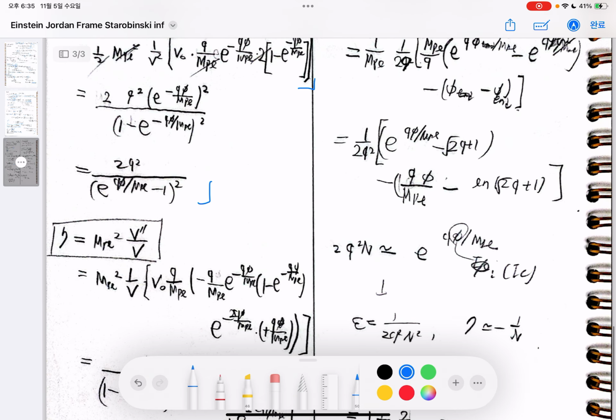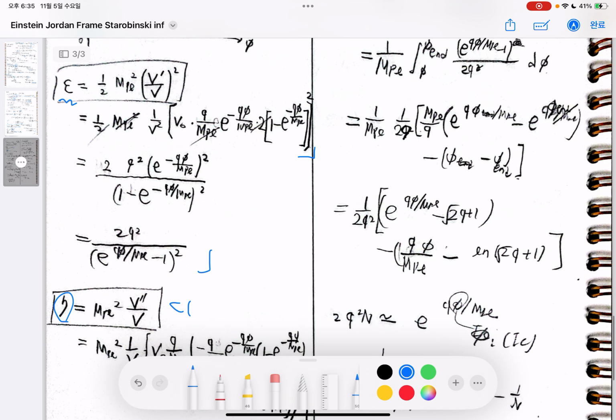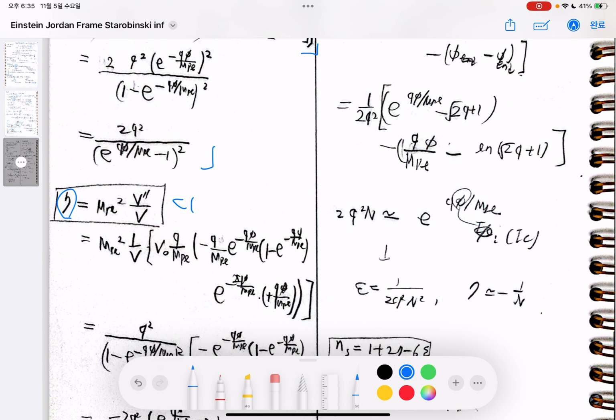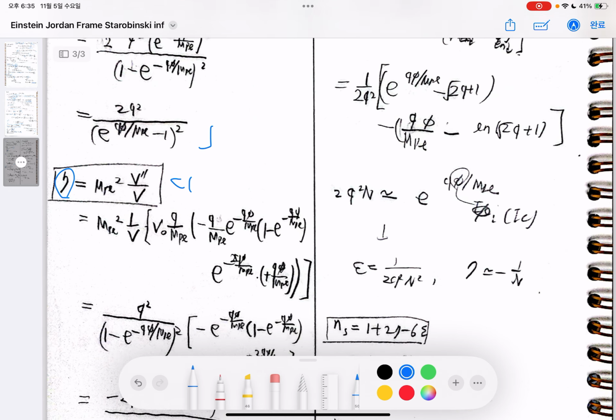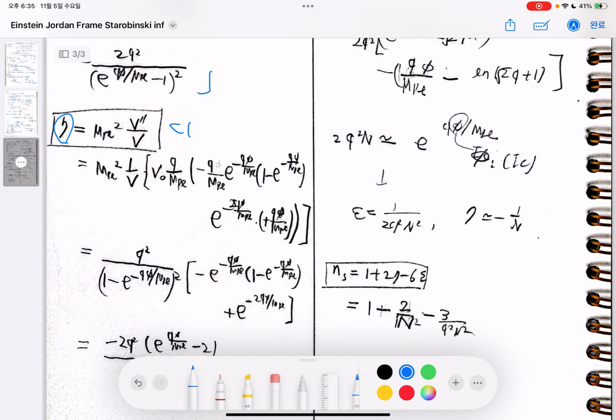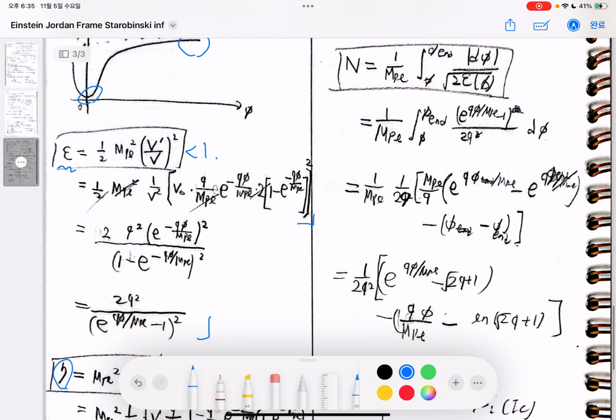And also for eta, small epsilon and small eta are required to satisfy the slow roll of φ and the slow change of epsilon. So V double prime, if we calculate this one, the results are the following.